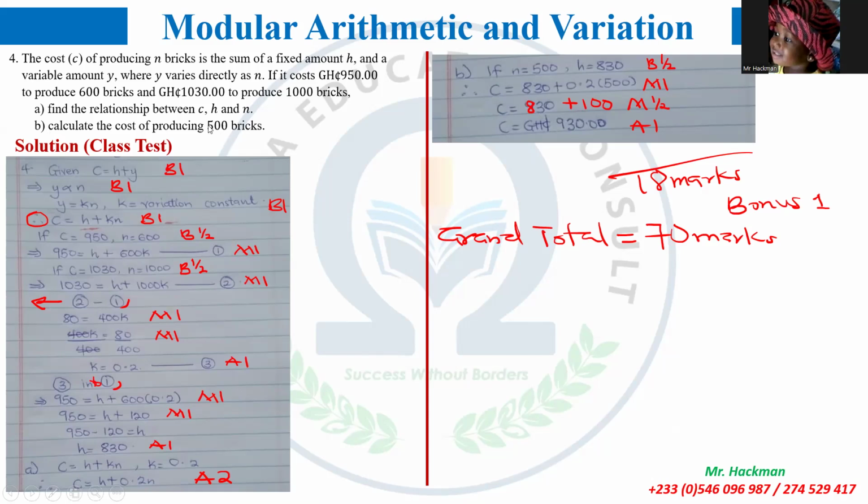So when they ask you to find C, the cost of producing N equals 500. If N is equal to 500, you know your H already. So you substitute. Then this will give you, please don't skip the step. Don't go straight away. Let each of the terms be explicit.